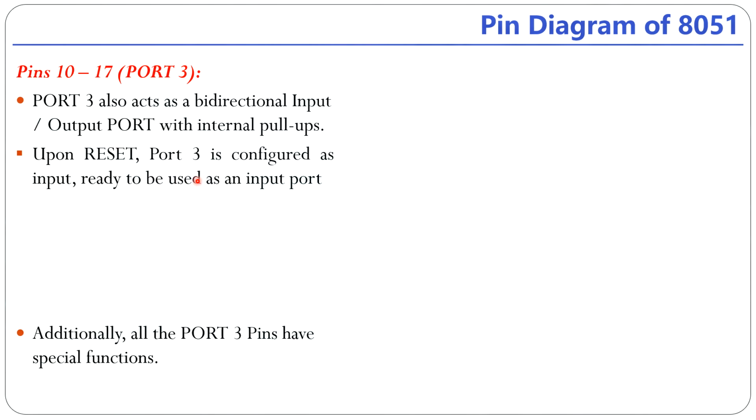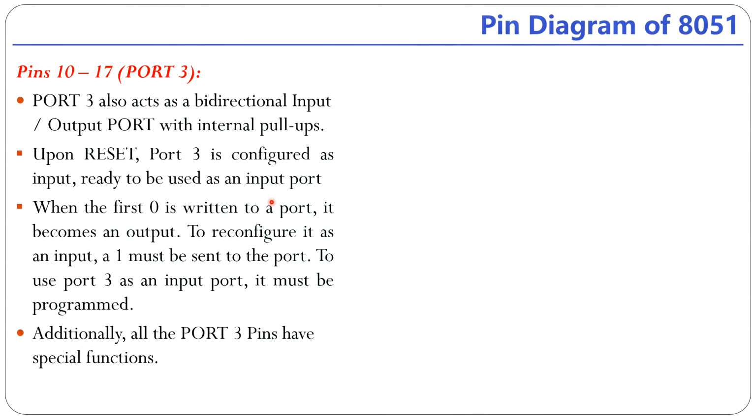Upon reset, port 3 is configured as input, ready to be used as an input port. When a 0 is written to a port, it becomes an output. To reconfigure it as an input, a 1 must be sent to the port. So to use port 3 as an input port, it must be programmed. Remember?